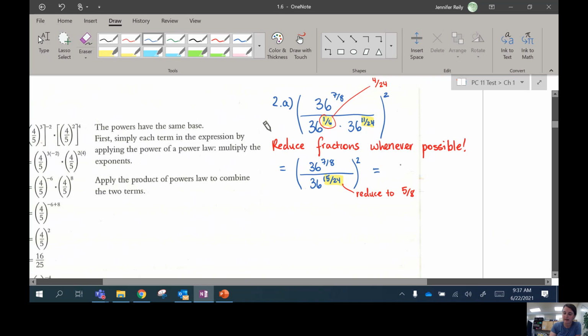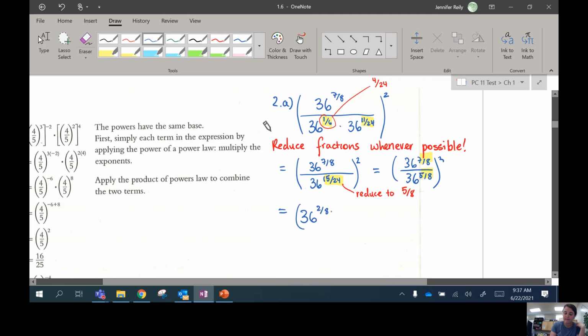So let's rewrite this. So it'd be 36 to the 7/8, divided by 36 to the 5/8. That makes our life a lot easier, because notice the 2 denominators here are both 8 now. It's going to be a lot easier to subtract them. So that's what we're going to do next. We're going to apply the second exponent law. We're dividing 2 powers with the same base, so we get to subtract the exponents. 7/8 minus 5/8 is 2/8.